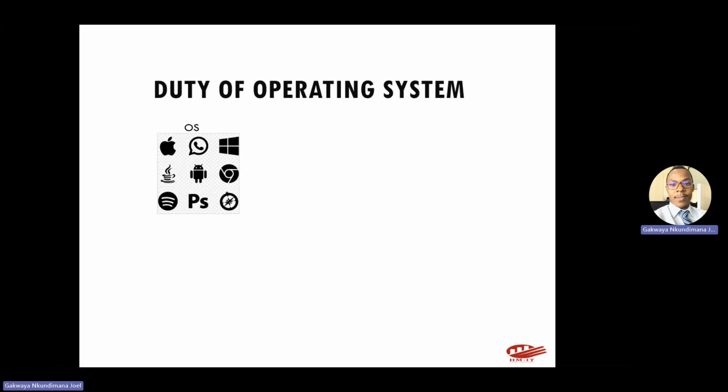As you can see here, we have different operating systems. We have Mac OS, Android, Windows, Ubuntu. So many operating systems. Now, any operating system which is listed here, the main purpose is to manage what?